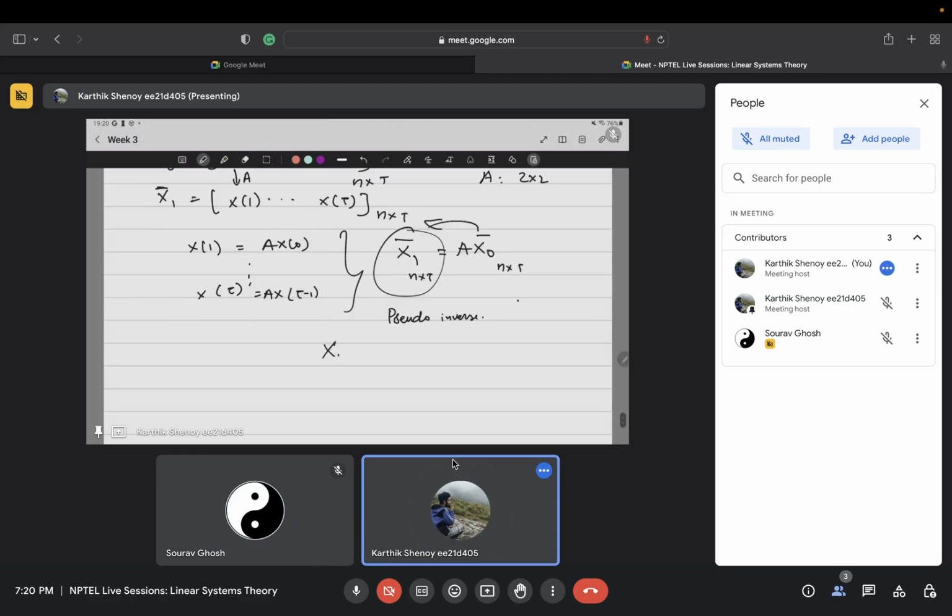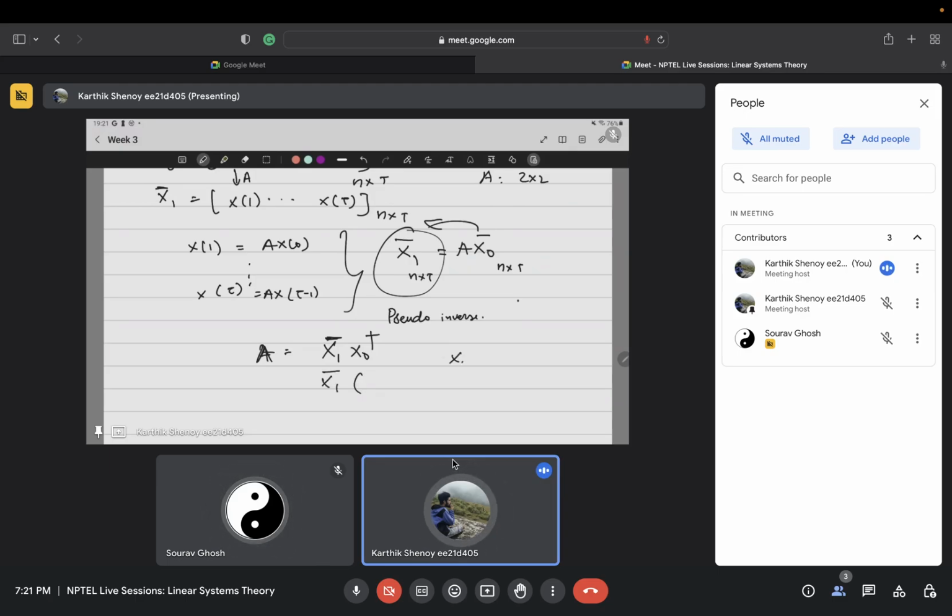So x1 times x0 pseudo inverse is represented by some sort of a dagger. Okay, so this is your A, correct? You understood till here, right? What the concept is? Yeah, I understand. So your A matrix is nothing but x1 x0 pseudo inverse. But how do you find the pseudo inverse?